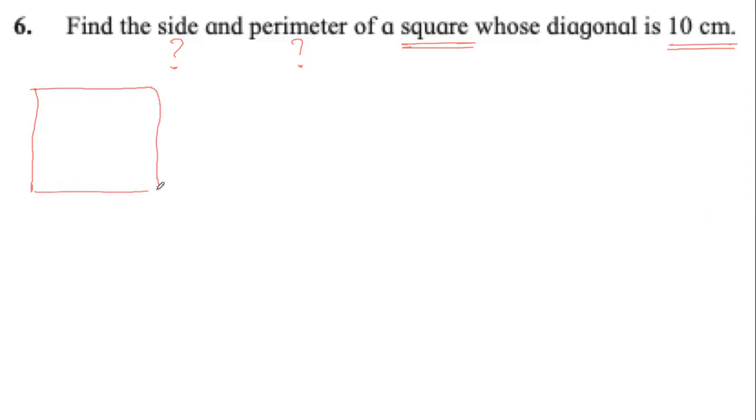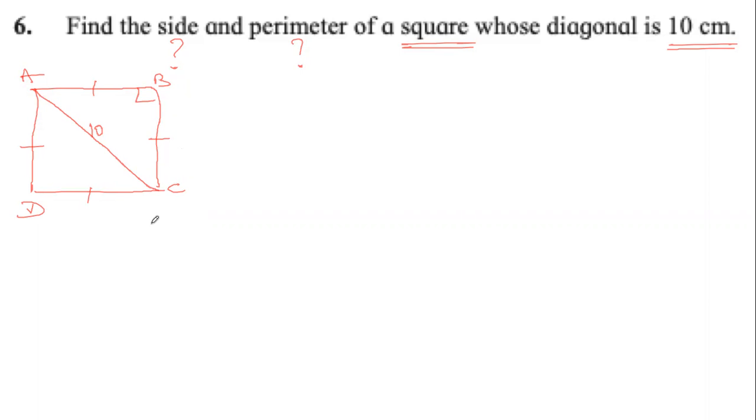We will draw this rough diagram in the fair space. If you use a scale, very good. If you don't use a scale, that's okay. Name it A, B, C, D. We have to show a diagonal. It is of length 10 centimeters. One more thing we should show, 90 degrees. One more thing we should show, that it is a square.